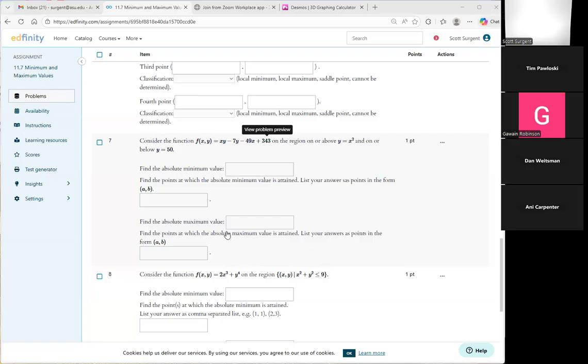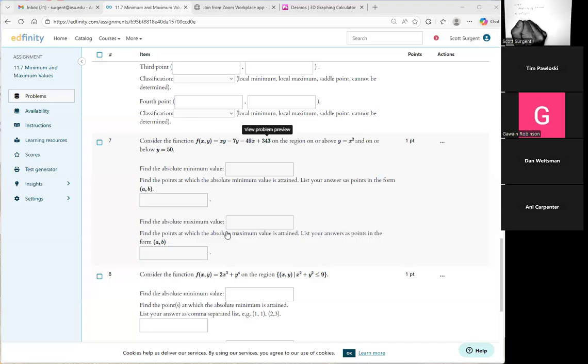And I'll copy this down. We have a function. This is 11, 7, number 7. The function is xy take away 7y, take away 49x plus 343. And your region, I'll call it big R, is above y equals x squared and below y equals 50.